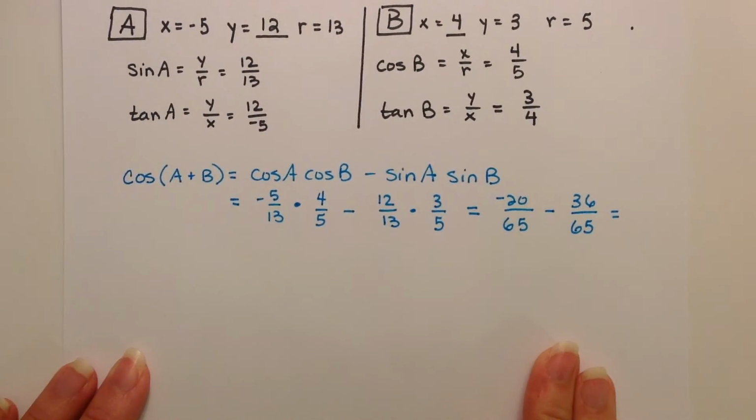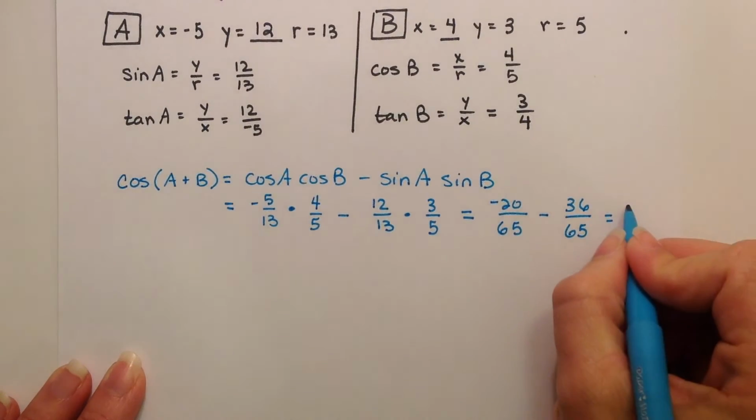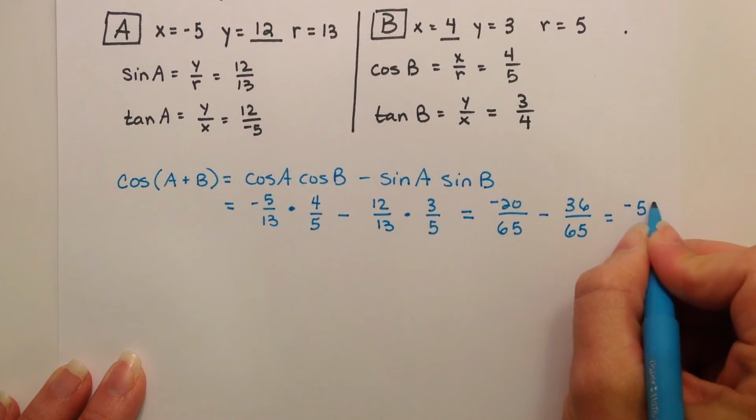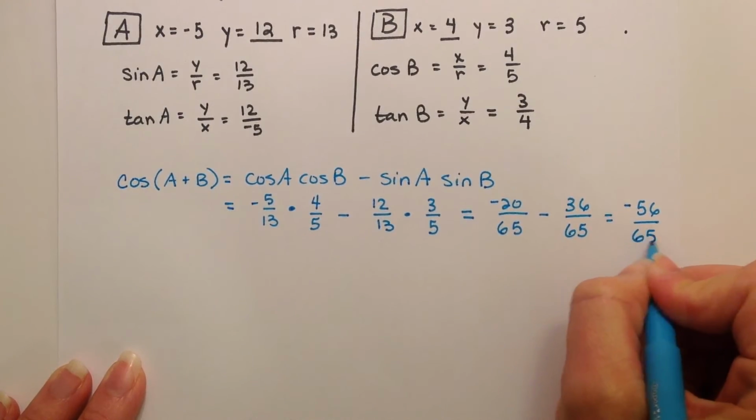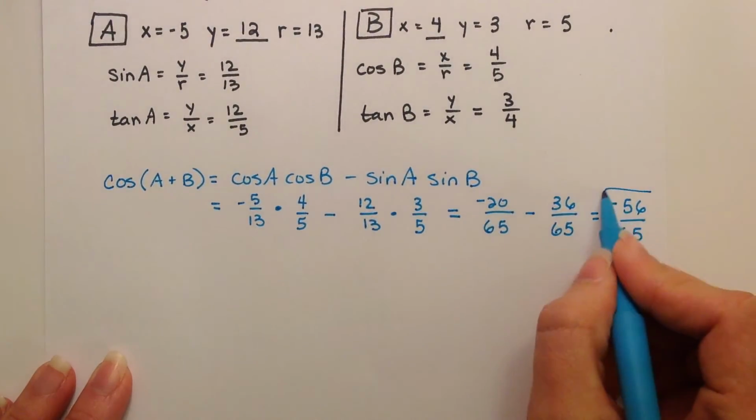Okay, you already have your common denominator there, so you don't even have to worry about finding that. So just subtract your numerators. So we'll get negative 56 over 65. So there is your answer for that part.